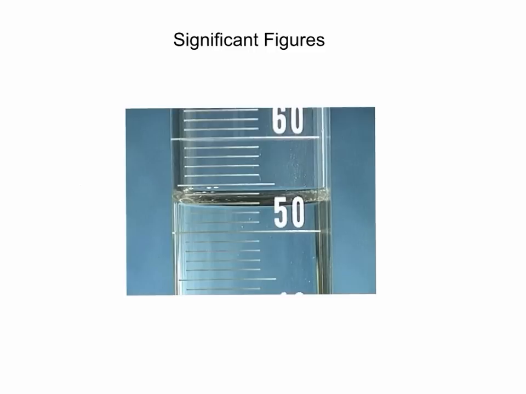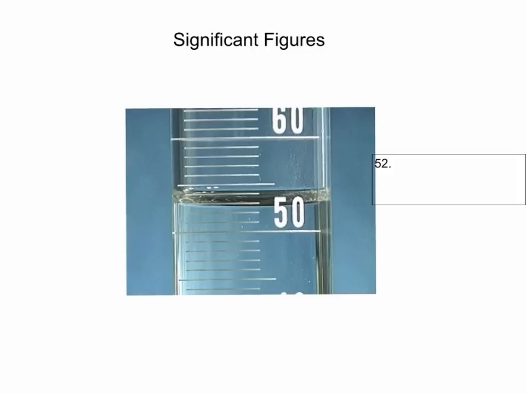So if it's just under 53 milliliters, we're going to put our measurement is actually 52 milliliters, but it's more than that. It's almost 53. So I'm going to estimate a final number.